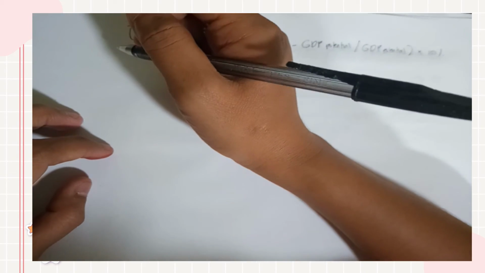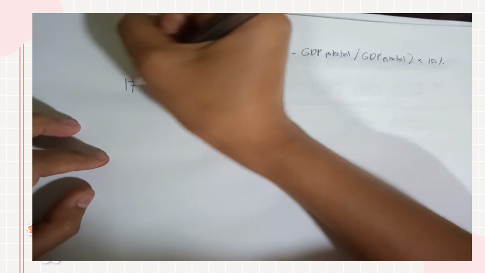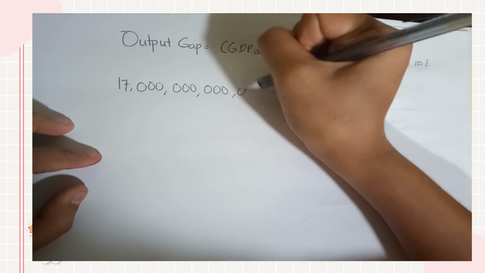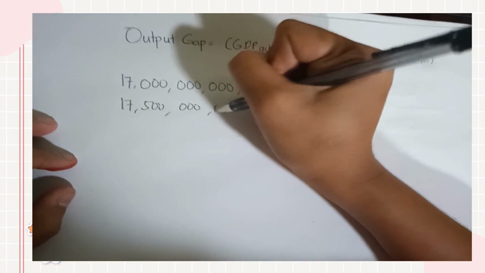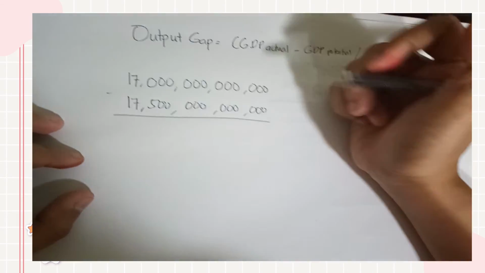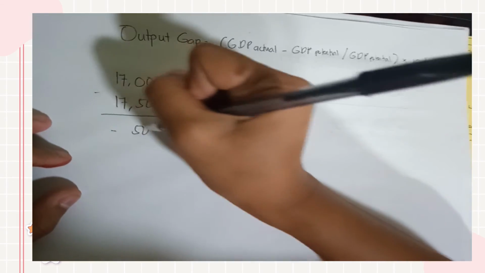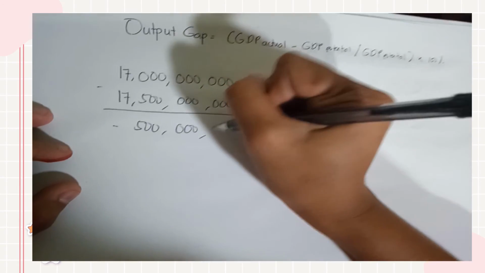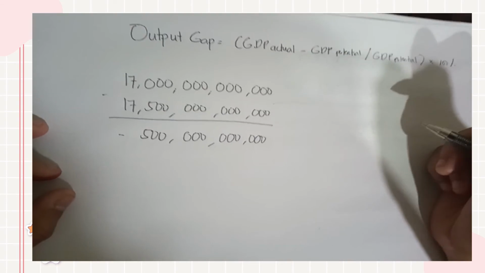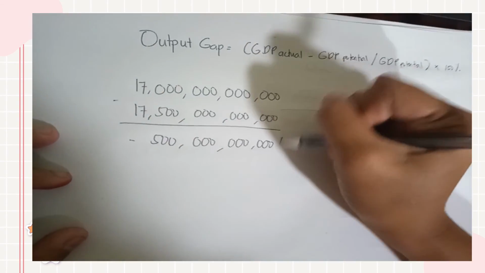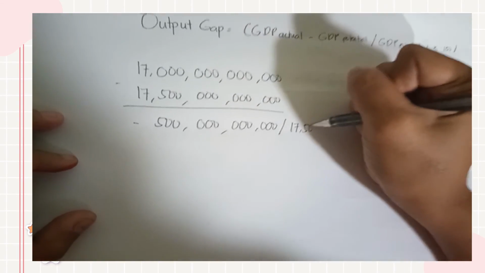If the GDP actual is 17 trillion and the GDP potential is 17.5 trillion, you have to subtract them and the result is negative 500 billion. You have to divide it by the GDP potential, which is 17.5 trillion.